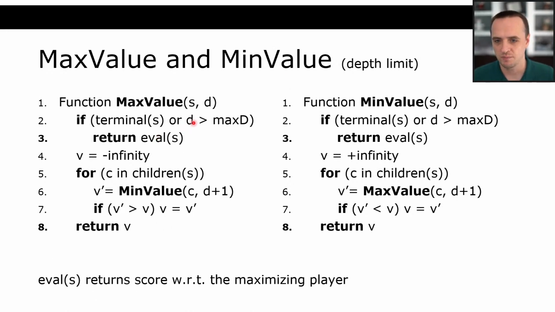If we look here, lines 2 and 3 of these two functions are identical, right? It just says if we should stop, evaluate the state. Otherwise, if we're maximizing, try and get the max. If we're minimizing, try and get the min. So what we can do to create a single function is just take this part and put it in an if statement.